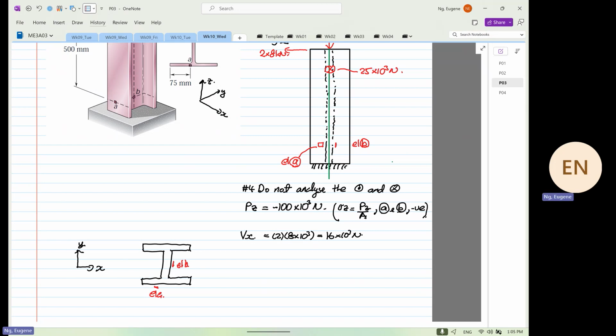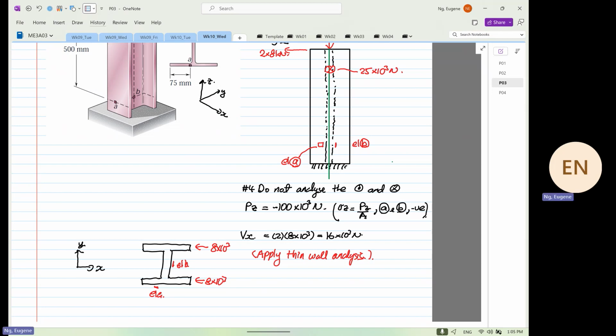So we state that Vx is equal to 8 times 10 to the power 3, and then we are going to apply thin wall analysis.